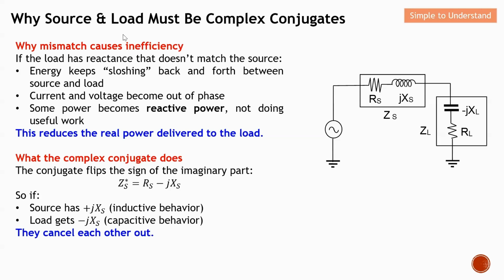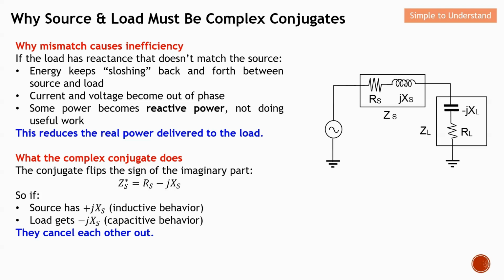Why will mismatch cause inefficiency? If the load has reactance that does not exactly match the source, which means the reactances of the source and the load are not exactly the same, there will be some reactance left over. With this, energy keeps sloshing back and forth between the source and the load. If you still remember, a capacitor stores the energy and an inductor returns the energy.